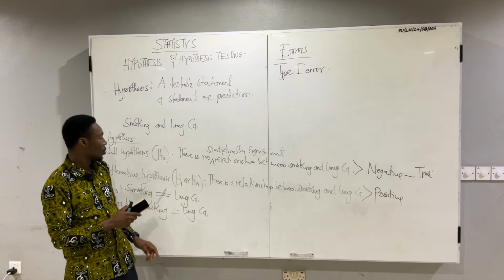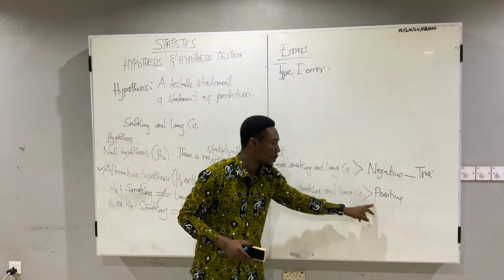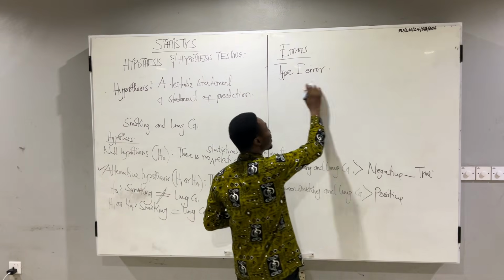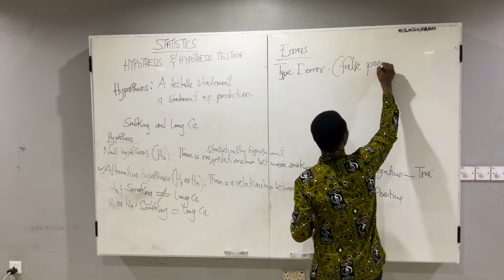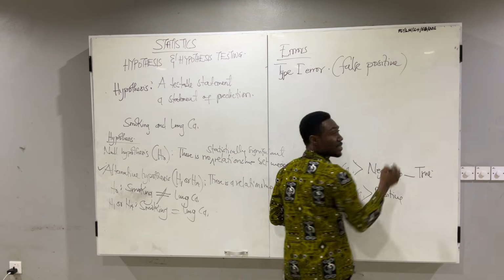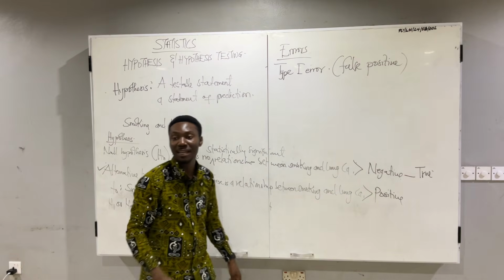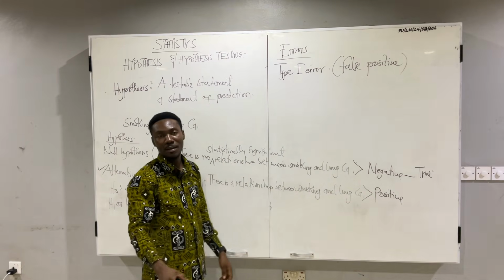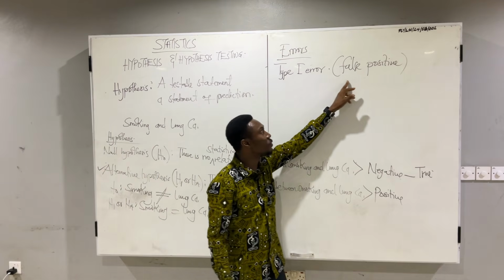Okay, and remember I told you that the null hypothesis is negative. The alternative hypothesis is a positive statement. So in that situation, you can also call this type 1 error false positive. So that means that you've gone behind the positive hypothesis. Meanwhile, it is false. And that's why we call it what? False positive. Okay? So another name for type 1 error means false positive.